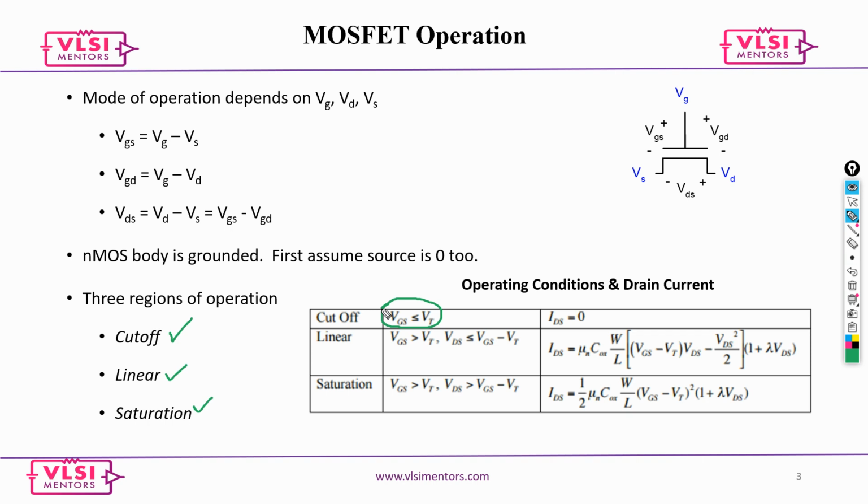When the gate voltage is higher than the threshold voltage, then only it will turn on, otherwise it will be in off condition. So the transistor is said to be in off condition when it is in cutoff, and your output current, that is basically your drain current, would be zero.